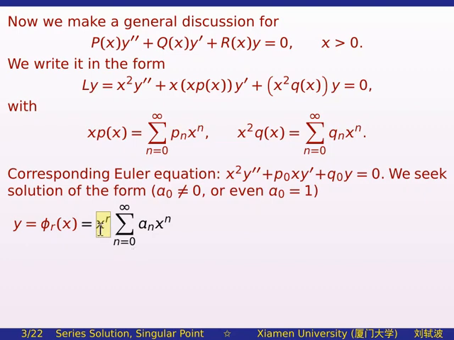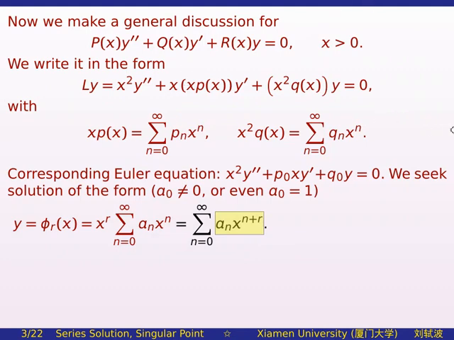But we can move the coefficient x^r inside the summation, writing it in this form. Then every term in this series is only one function, not the multiplication of two functions. So this will be convenient for computing the derivative of y.